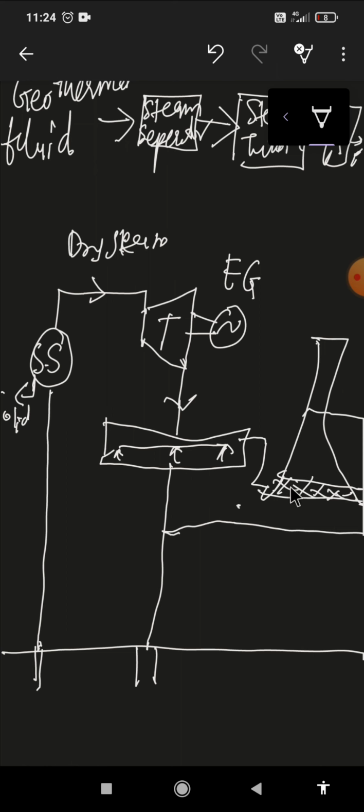of the vapor dominated geothermal power plant. Let me repeat the process again. The centrifugal separator removes the particulate matter from the steam, and the steam is admitted into the steam turbine.